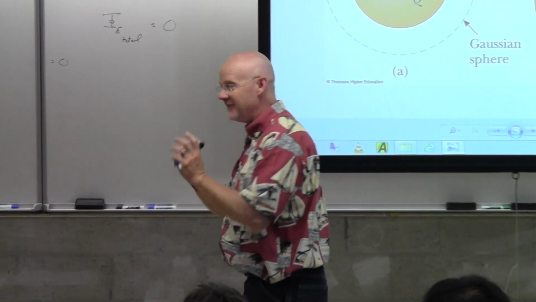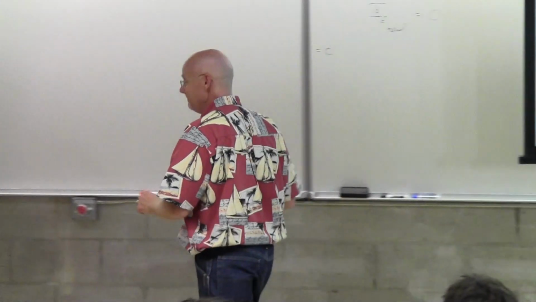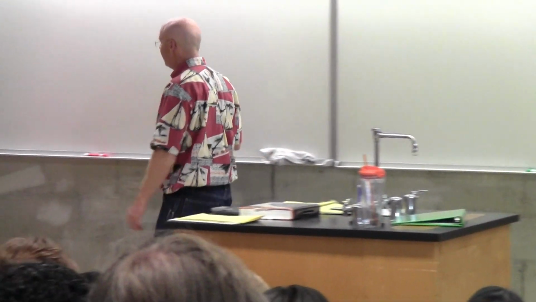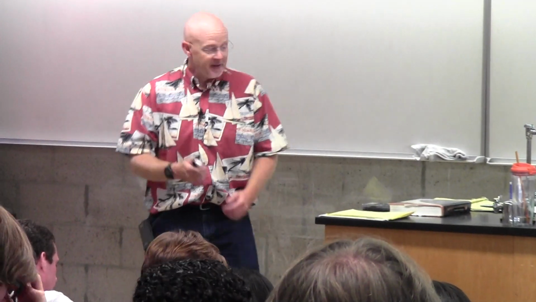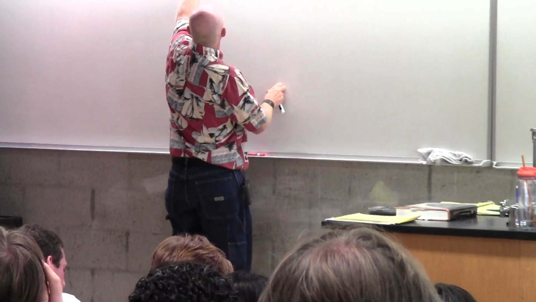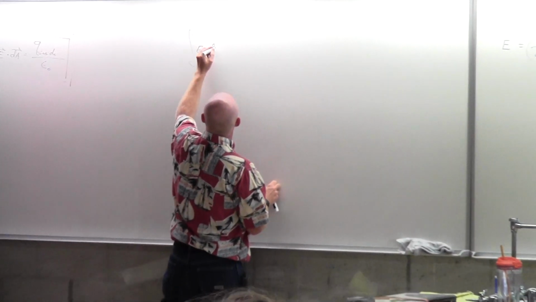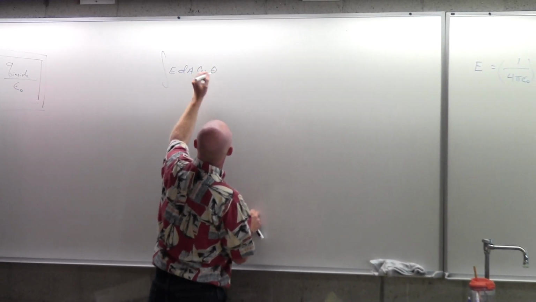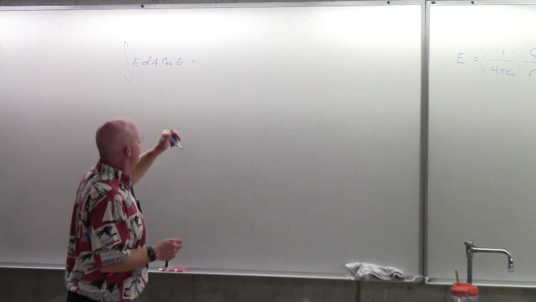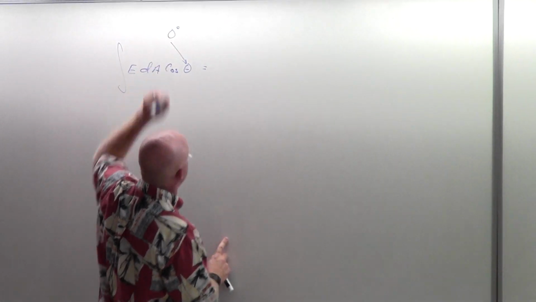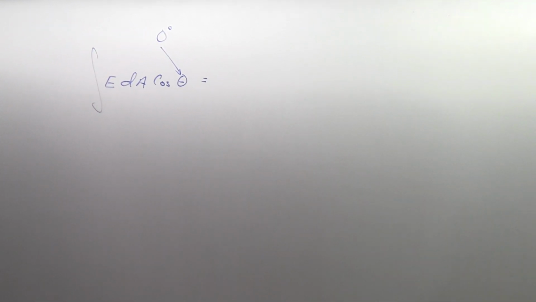Knowing that, I've done the hard stuff. Now I can do the easy stuff, or maybe I should say the easier stuff. Let's actually do this integral. And so I would start off and say, let's take the dot product. And just like we did outside of the ball, we argued that that angle would be 0 degrees. The electric field would be radially outward, and my surface would be radially outward.